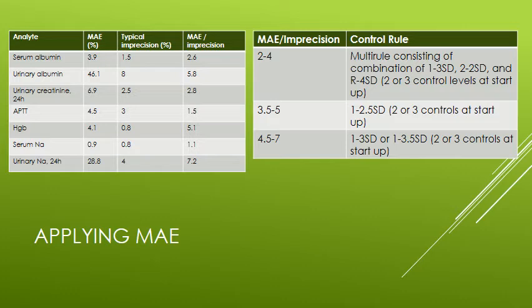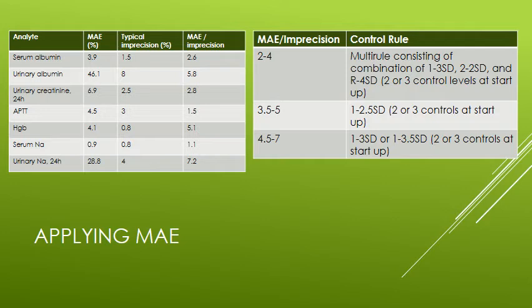Okay, and so you can see when you have these ratios, look at the control rules that are going to apply to that. If your ratio is between 2 and 4, you can use a couple of the rules from the Westgard rules, which would be sufficient: 2 or 3 control levels at startup and shift changes.